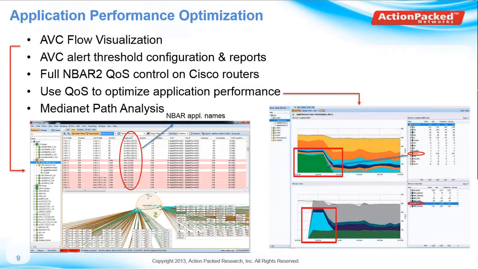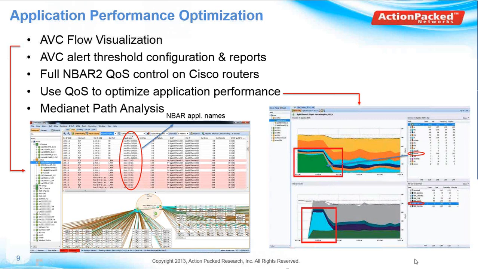So on application optimization, LiveAction visualizes the end-to-end AVC flows and the NBAR2 applications, the response time breakdown between networks and applications, and then it provides very robust AVC reports. And David will show you how to create QoS policy based on NBAR2 and how LiveAction can be used to optimize application performance.